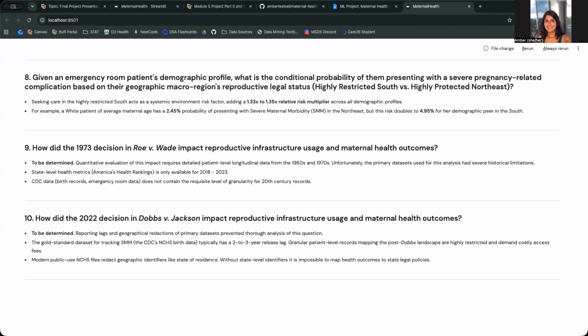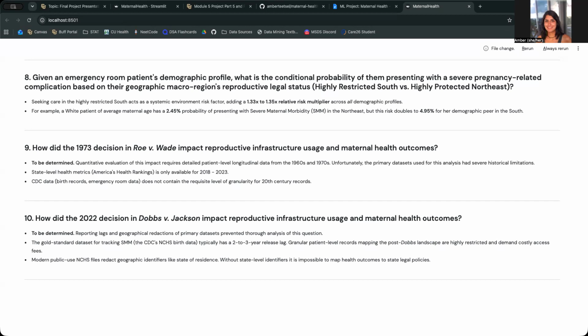Before concluding, I want to address what the data could not tell me. One thing I was really interested in at the beginning was looking at specific Supreme Court decisions, including 1973 Roe versus Wade, 1992 Casey versus Planned Parenthood, and 2022 Dobbs versus Jackson Women's Health, to see how those decisions directly changed infrastructure use on a day-to-day level. Unfortunately, there are severe constraints to publicly available data that make that impossible.